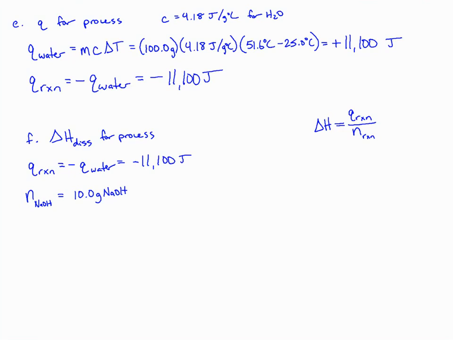To turn this into moles, it's a pretty quick conversion: 1 mole of sodium hydroxide is 40.0 grams of sodium hydroxide. This is the molar mass. You can calculate it using the periodic table. Now we can calculate the moles, and it is 0.250 moles. 10 divided by 40, that's 1/4, 0.25.